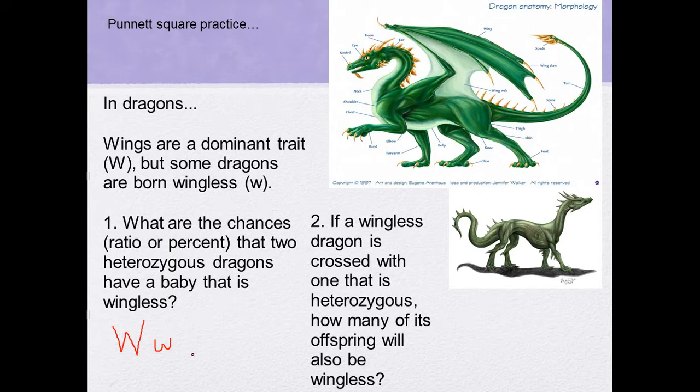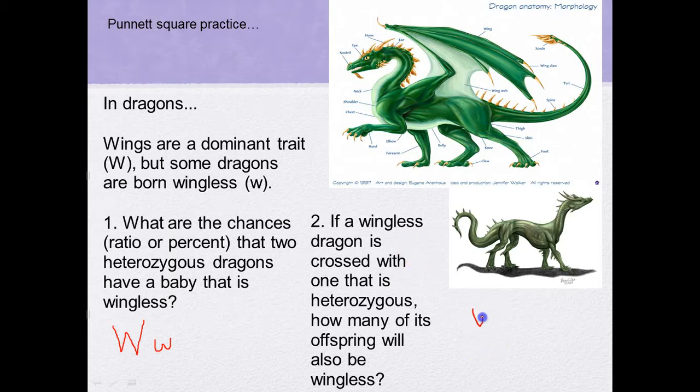You need to create a Punnett square, and you don't need to show me the Punnett square for these problems. I simply want you to tell me what is the ratio that two heterozygous dragons would have a wingless baby. Wingless, remember, is the recessive trait. Then problem number 2, if a wingless dragon is crossed with one that is heterozygous, how many of its offspring will also be wingless? In this case, you have two different parent genotypes.